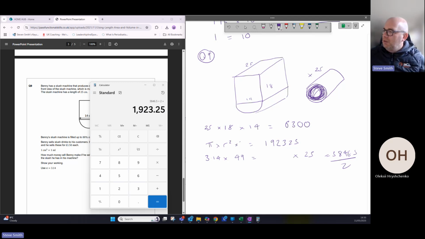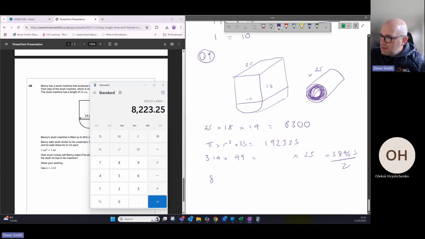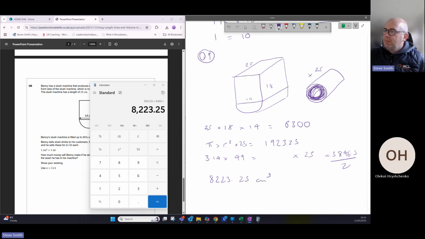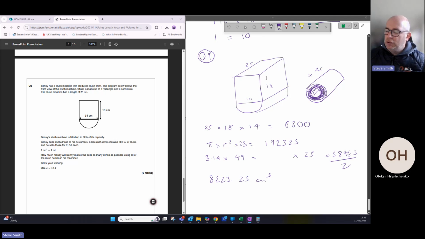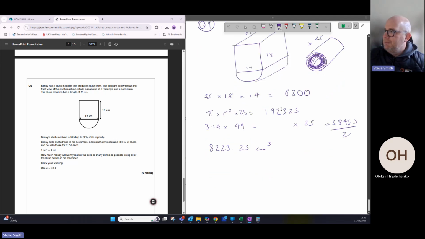Then we've got to add it onto our rectangle part we had before, 6300, which gives a total volume of 8223.25 centimeters cubed. Okay, so that is the total volume of our slush making machine.